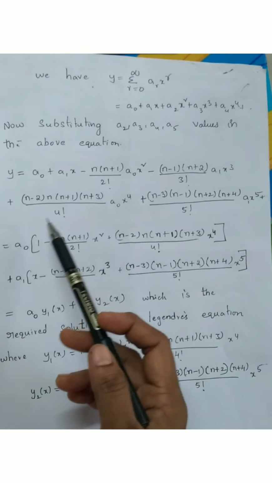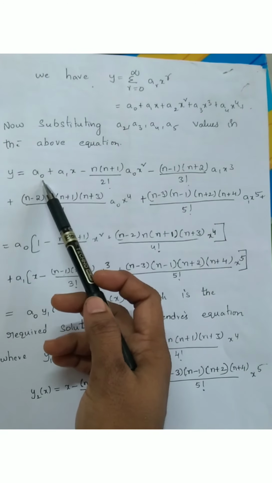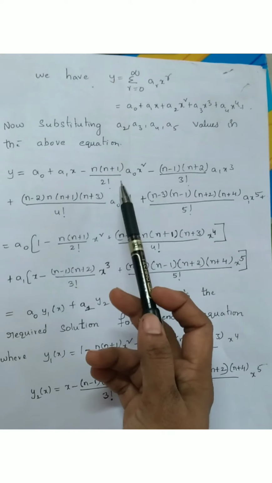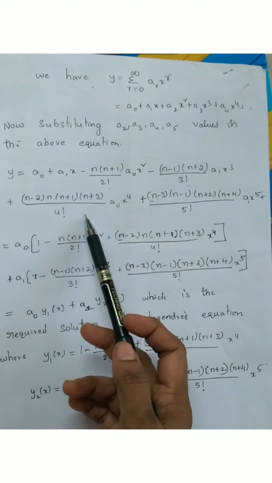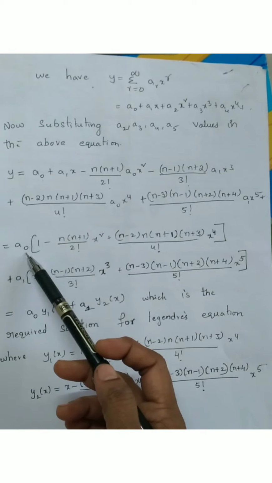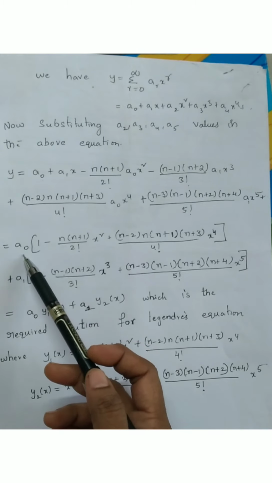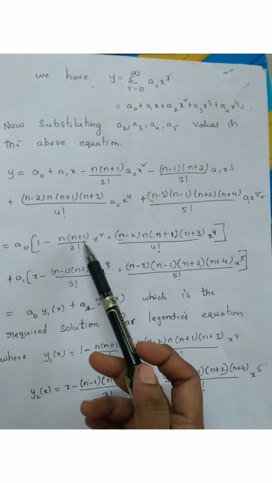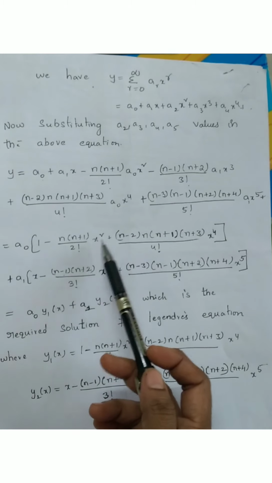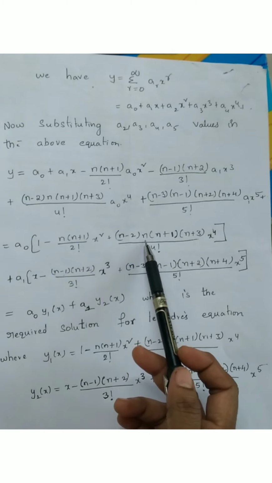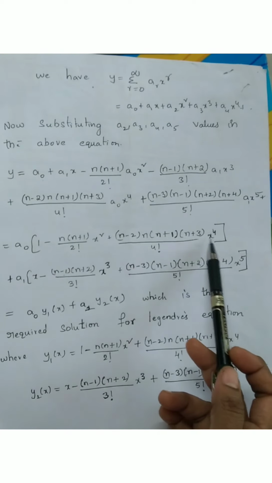Now we are taking common a0 in the first term, third term and this term. Taking a0, the remaining terms are a0 into [1 - n(n+1)/2! x squared + (n-2)(n+1)(n+3)/4! x power 4].